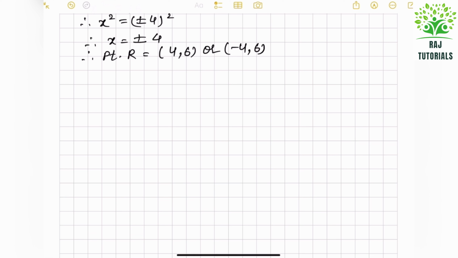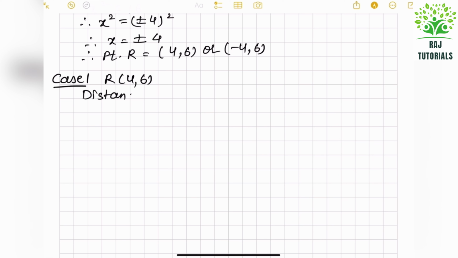Now let us discuss both the cases here. Case 1, R let it be (4, 6).